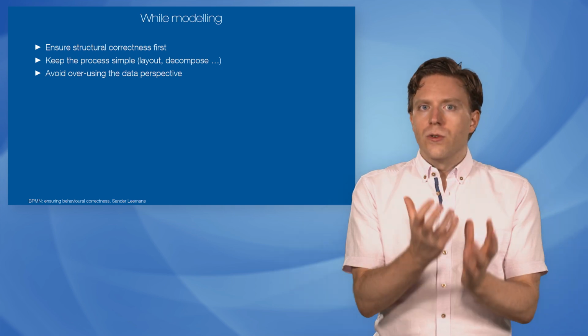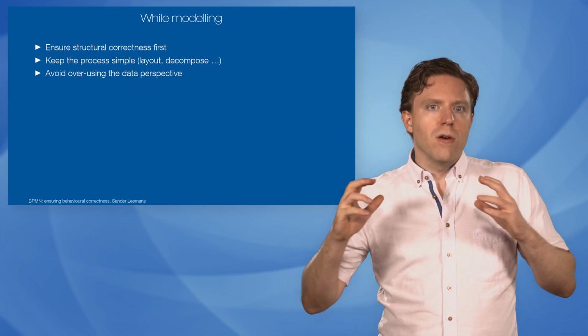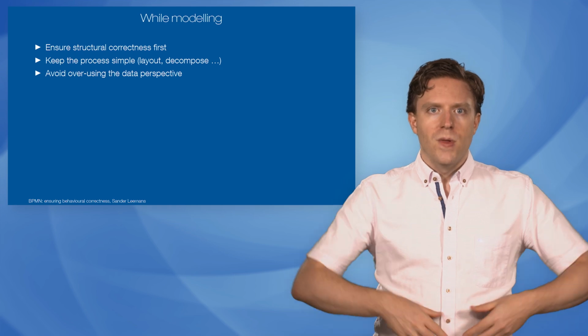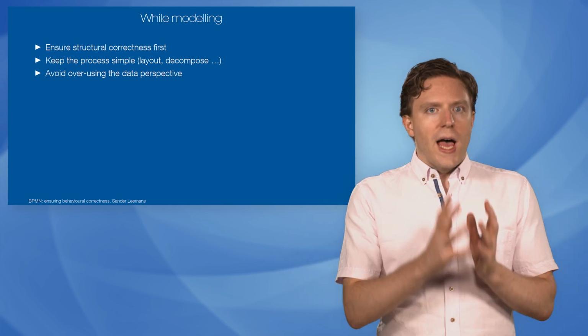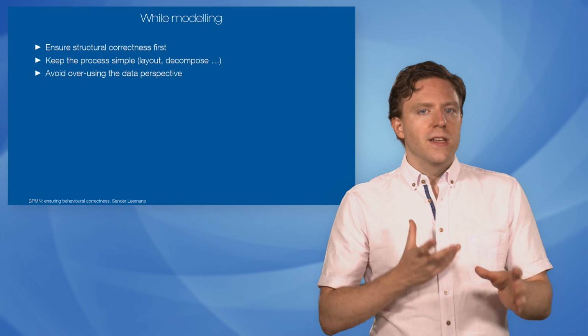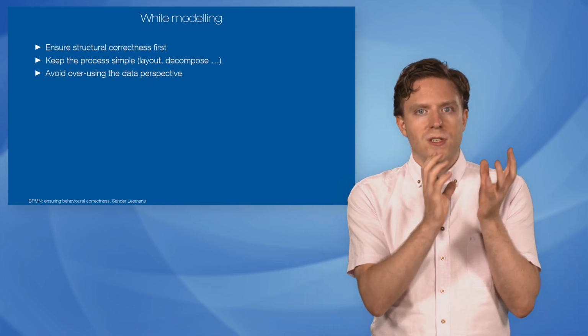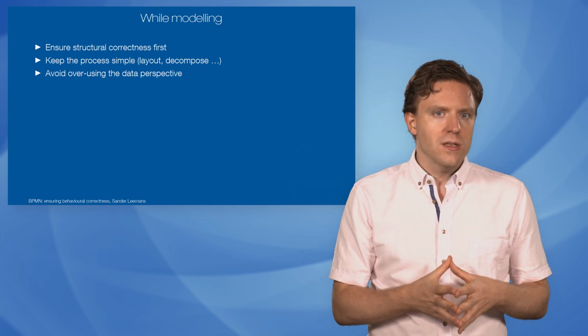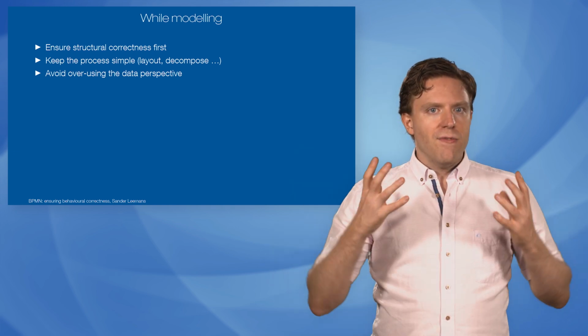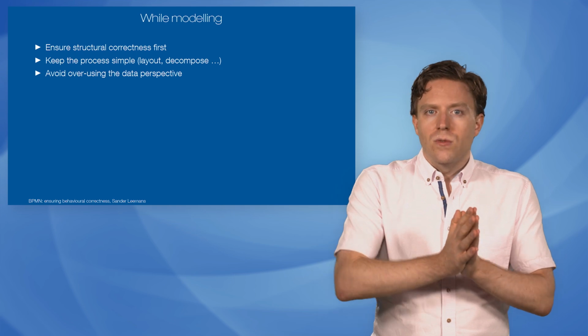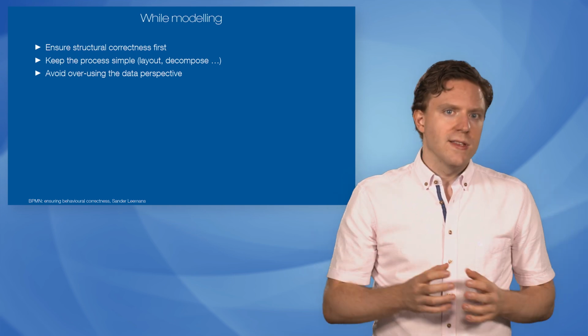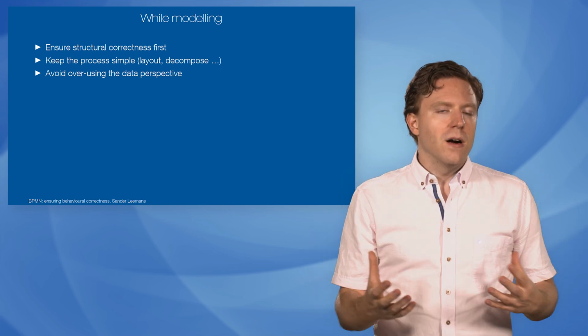One thing that you can also do while modeling is avoid overusing the data perspective. It's a good idea to add the data objects and the data collections and the data stores that are relevant for the steps executed in your process. But everything you add on top of that makes it harder.